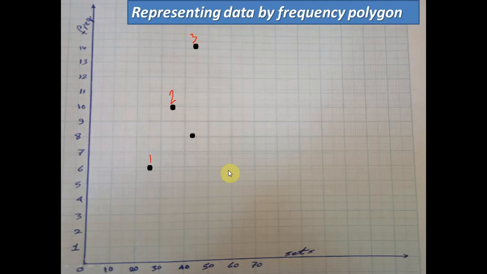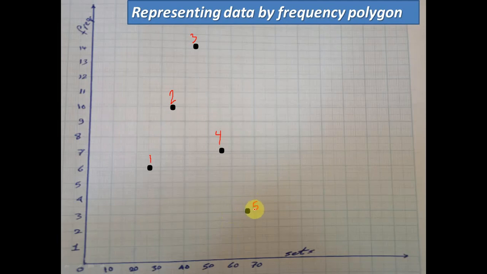Last one, 50 and 7, go to the right half square and write 4. Last one, 60 and 3, go to the right half square, write on this point 5.